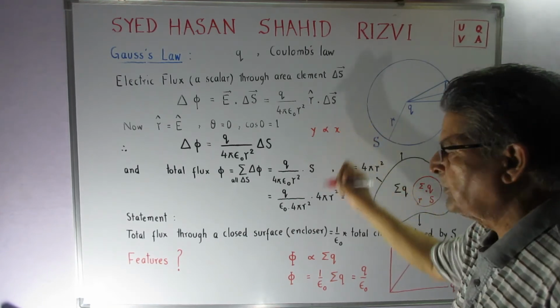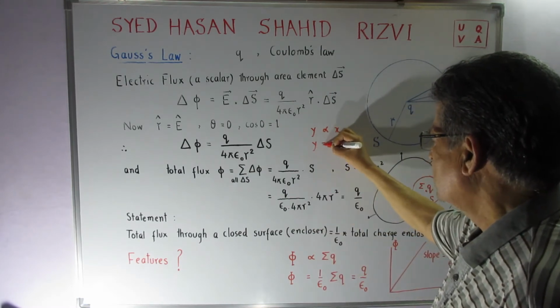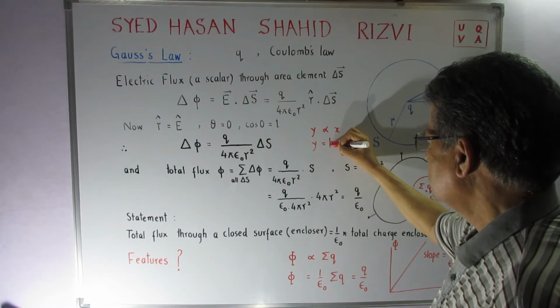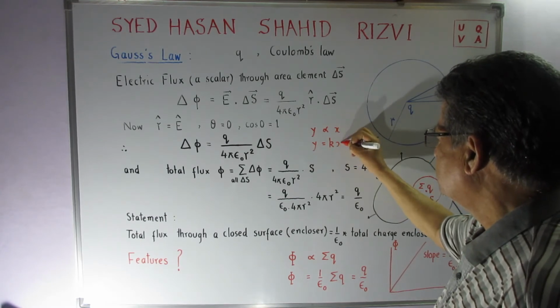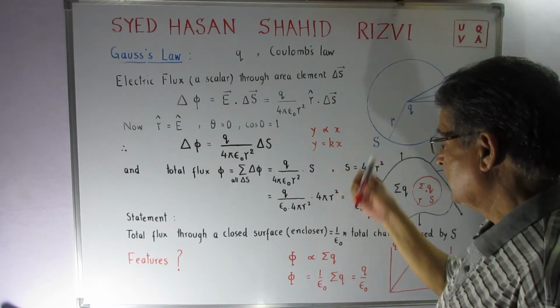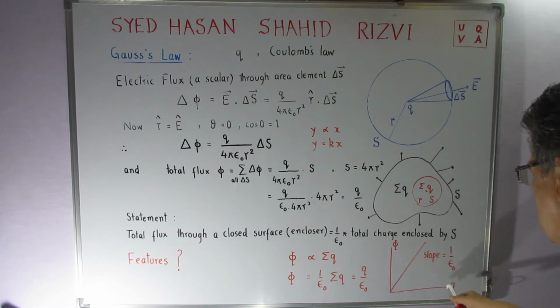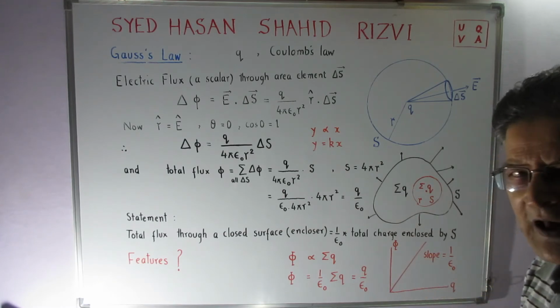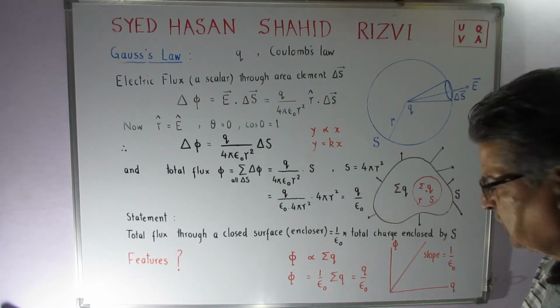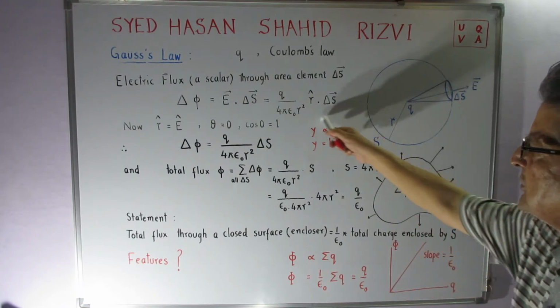What happens to y proportional to x? y is equal to a constant times x. This we have done many a time. y is equal to kx. So if I plot the flux out with the value of the charge that is enclosed, I get a straight line according to the system's approach.